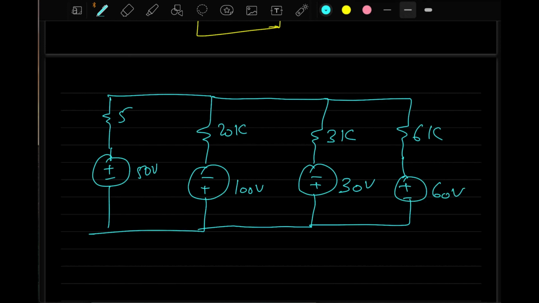So let us say we have this circuit. Here, from your past experience, which one will be most suitable? Can anyone answer?